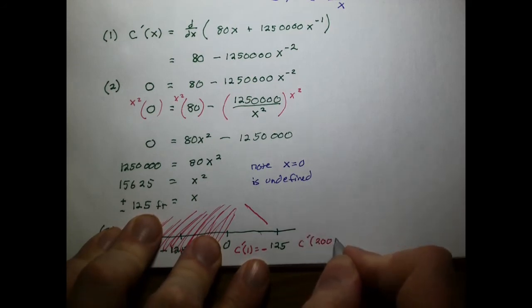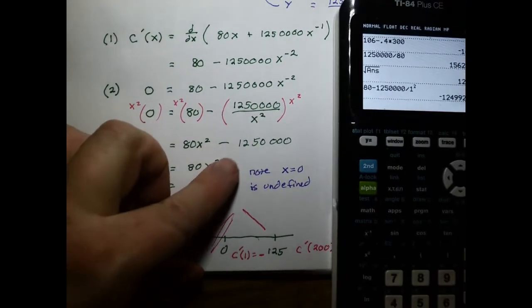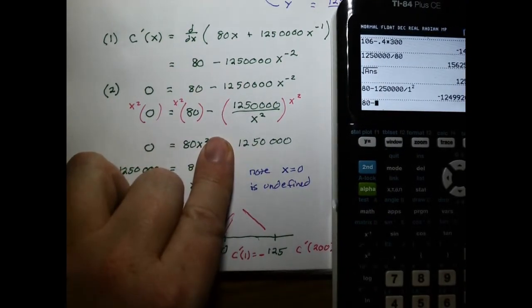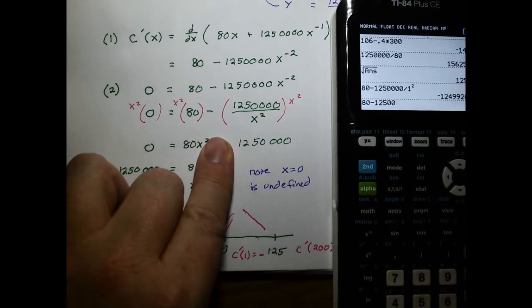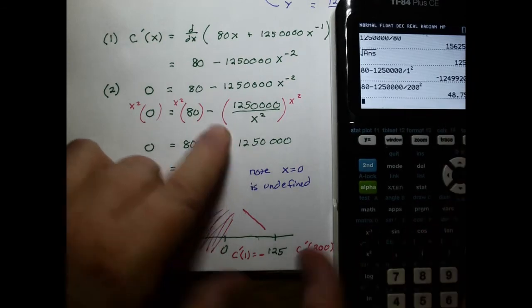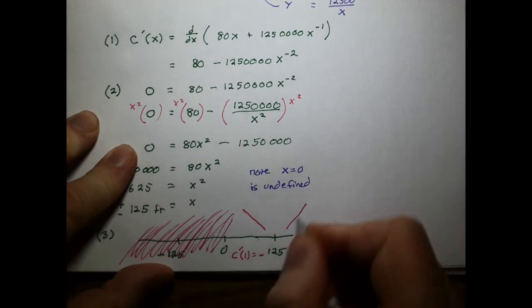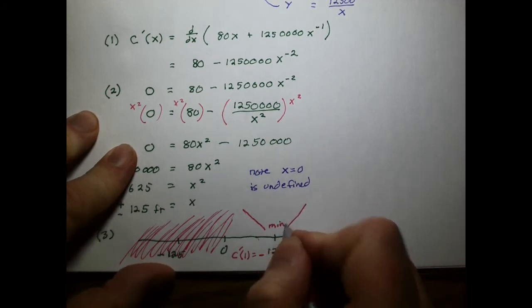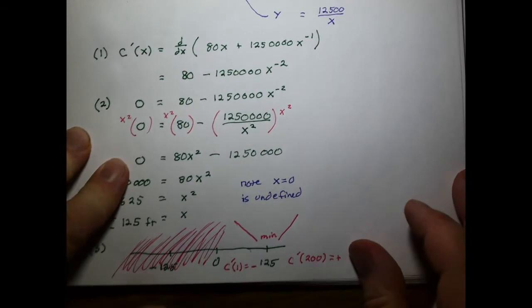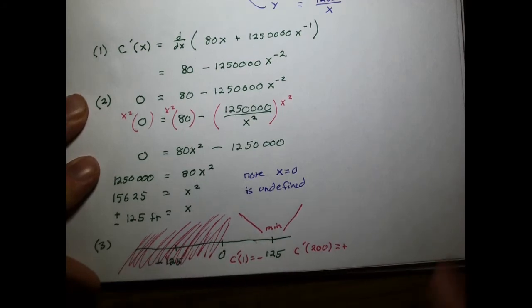And I'm going to test 200 on the other side. So 80 minus 1,250,000 divided by 200 squared gives us a positive number. So the cost is increasing. So this will be a minimum. And it's going to be an absolute minimum, because this is the only critical number that's valid for this problem.